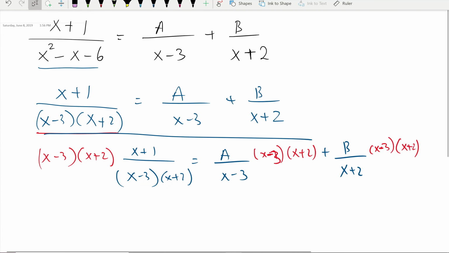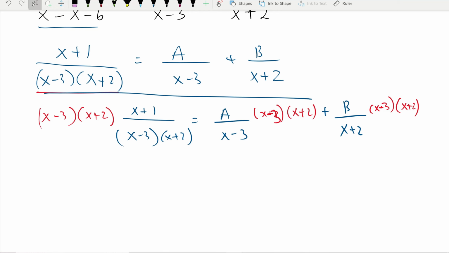This is the way I like to think about it. There are a couple of ways you can think about it, and I'll show you later, but can you understand what I'm doing here? I took that big factored denominator and multiplied each term. That's crucial: every term on both the left hand side and the right hand side, by that denominator. Now see what's going on here. On the left hand side, everything cancels out, right? Because you multiply by that denominator itself, it cancels out.